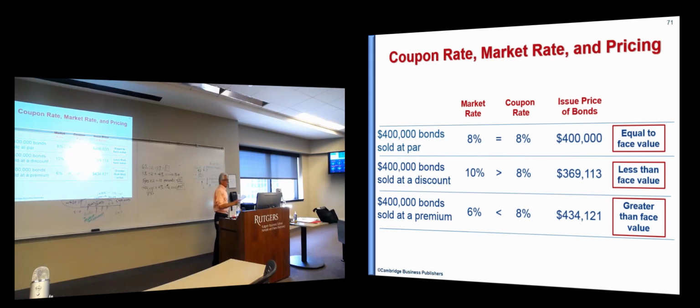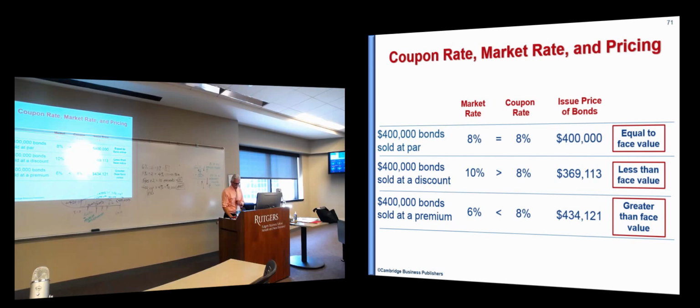The price settles to the point where you yield or pay the higher rate. And when the market rate is lower, your bonds yield a premium. They're a superior product in that sense that when you go to the market, the demand is greater than supply, and it drives the price up.